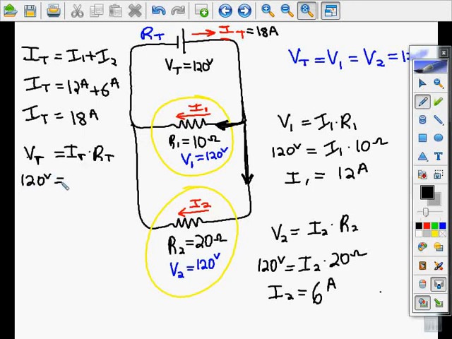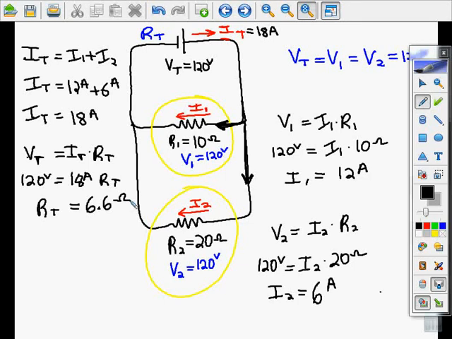IT is 18 amps. So what's the total resistance? 120 divided by 18. That's going to be 60 divided by 9. So about 6.6 ohms.